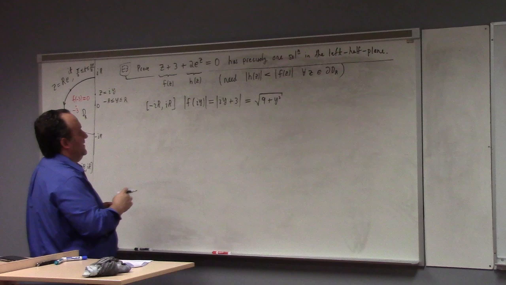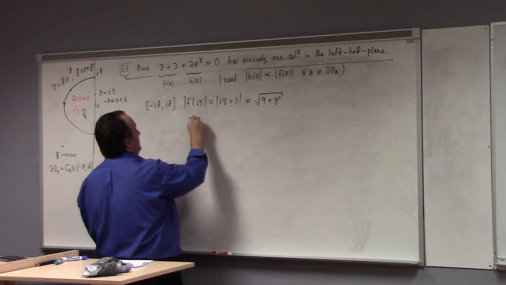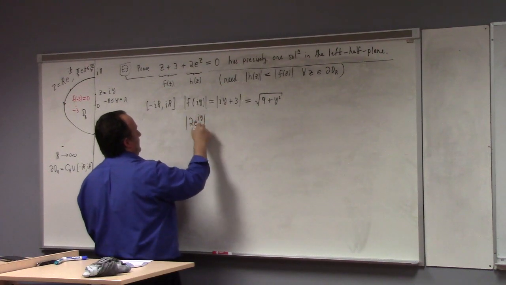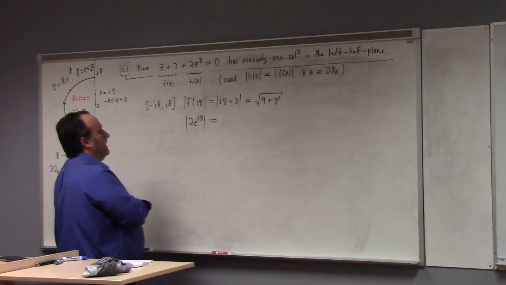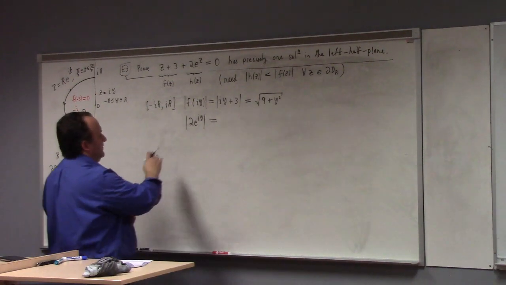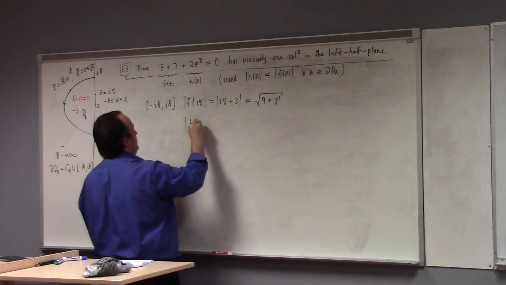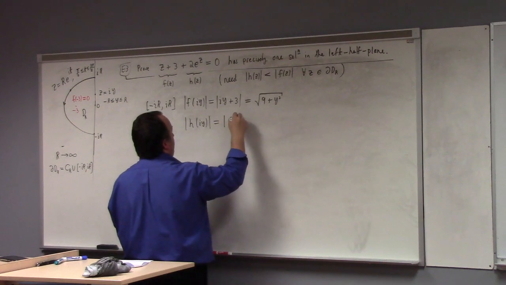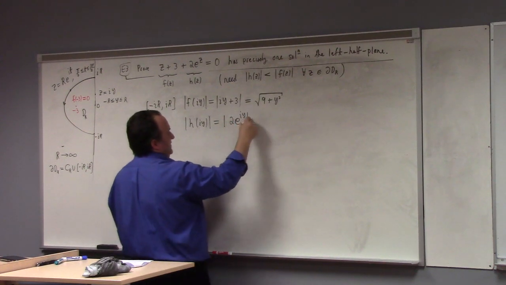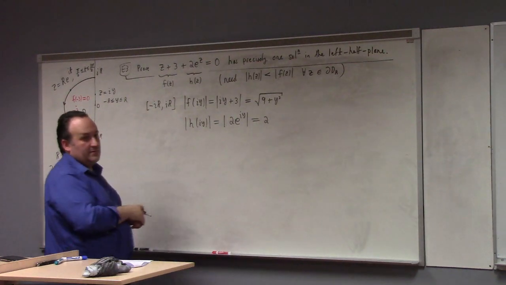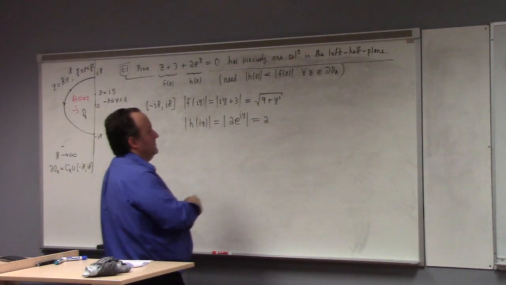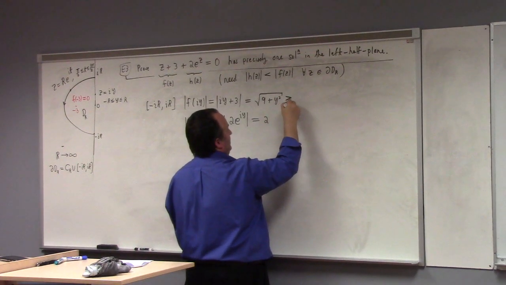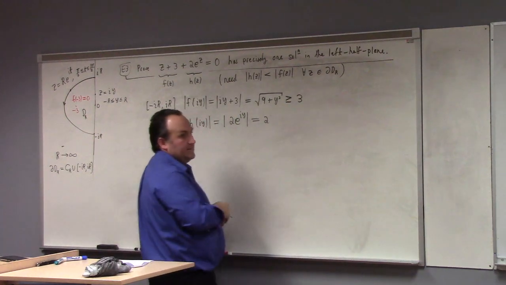On the other hand, 2 e to the iz, well, e to the iy. Let me rewrite that. The modulus of h of iy is equal to the modulus of 2 e to the iy, right? But that's just strictly equal to 2. Notice that the square root of 9 plus y squared is, by calculus 1, common sense, greater than or equal to 3, right?